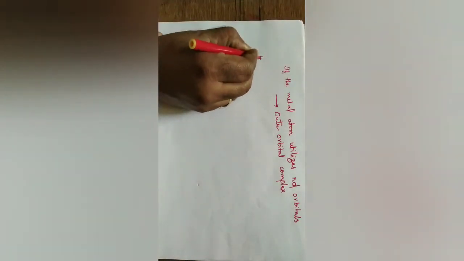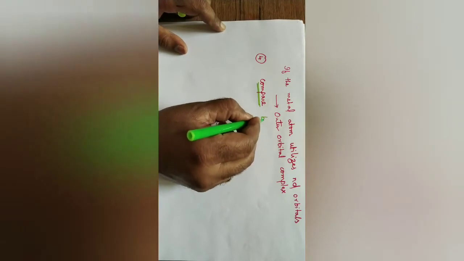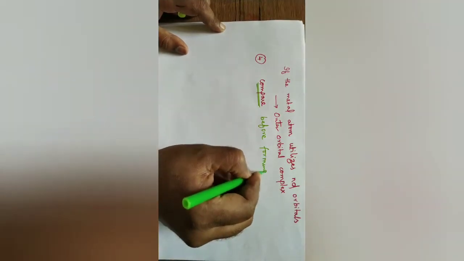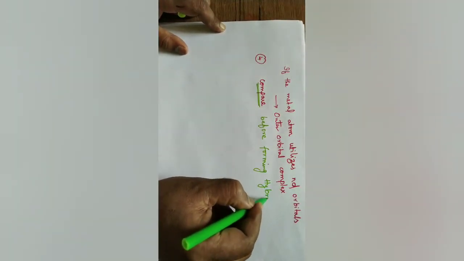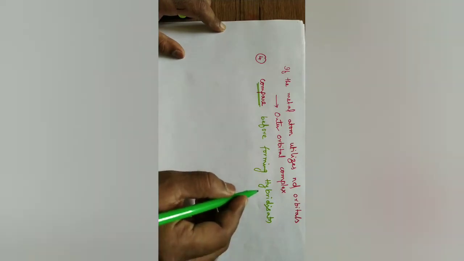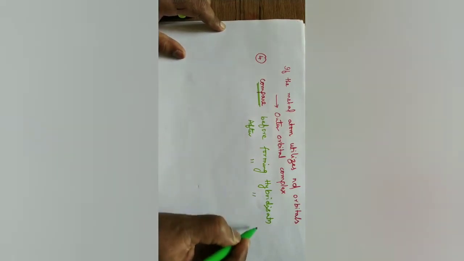The fourth point: compare the unpaired electrons before forming the hybridization and after forming the hybridization and bonding.